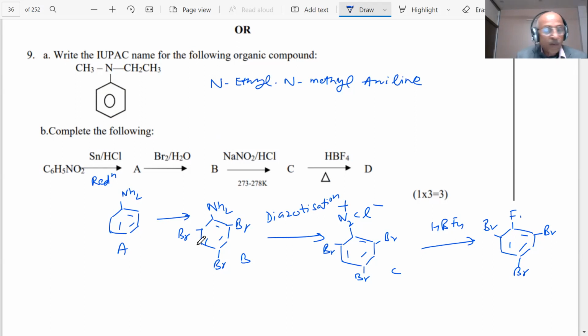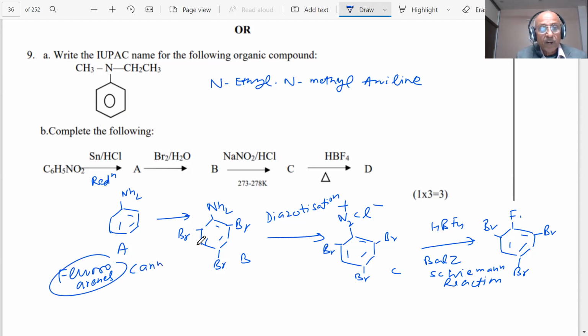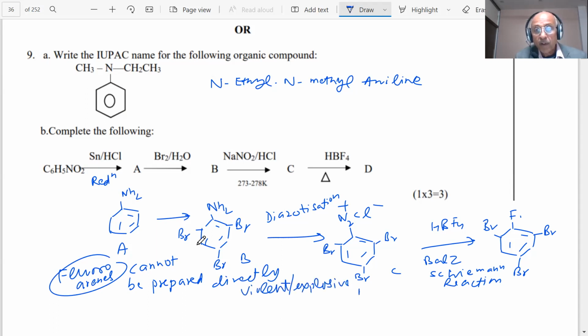You know the name of this reaction. This is Balz-Schiemann reaction. Spelling should be known to you, student. SCHIEMANN reaction. This is used for the preparation of fluoroarenes. They cannot be prepared, student, by direct methods. Cannot be prepared directly because it is very violent explosive reaction. So they are done by Balz-Schiemann reaction.